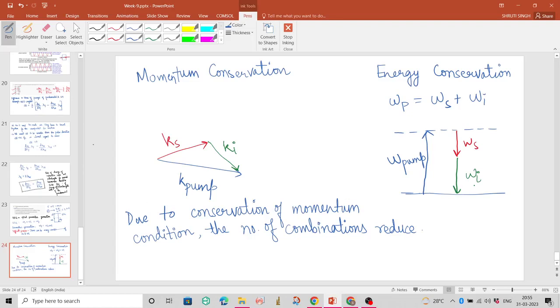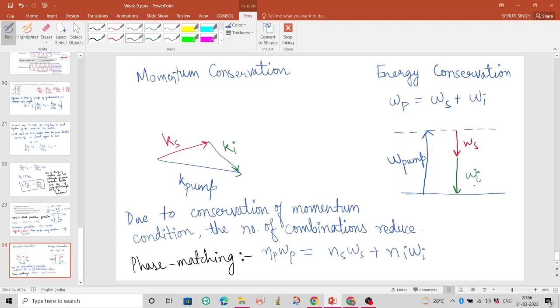The phase matching condition in this case is the last thing I will tell today. The phase matching condition is given by, where this one is the wavelength, frequency, this one is the refractive index times the frequency of the pump, equal to that of the signal plus the idler.